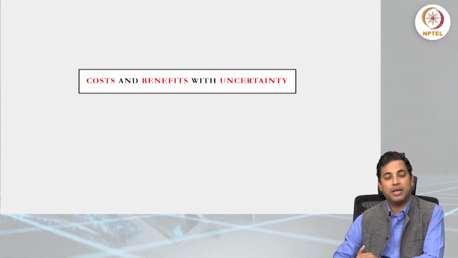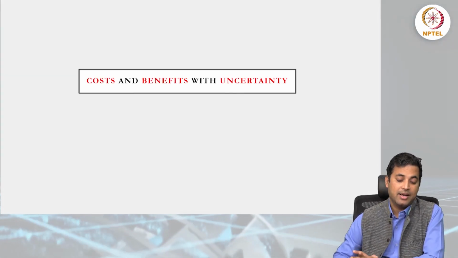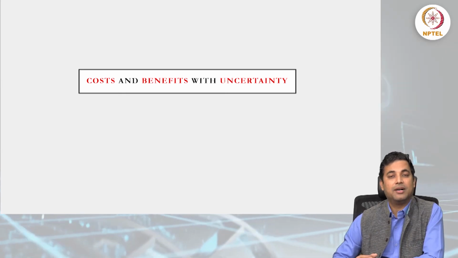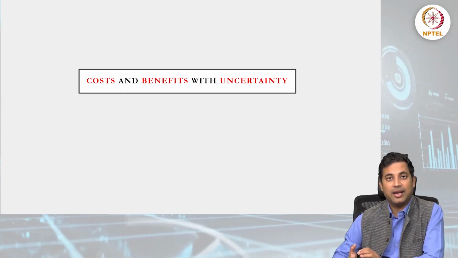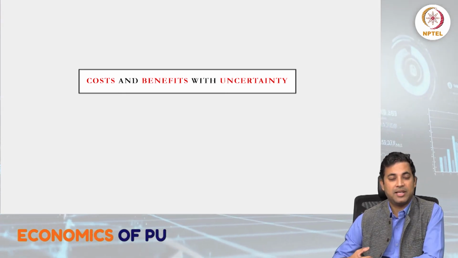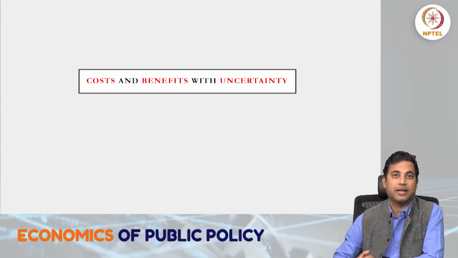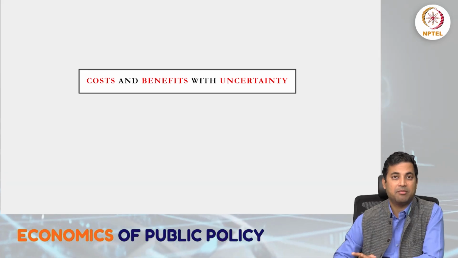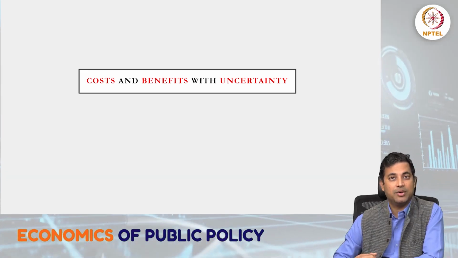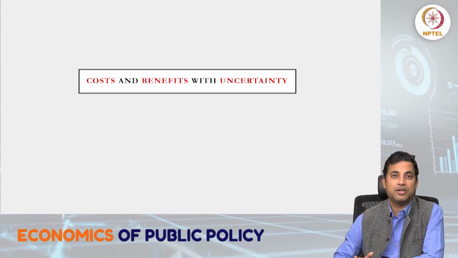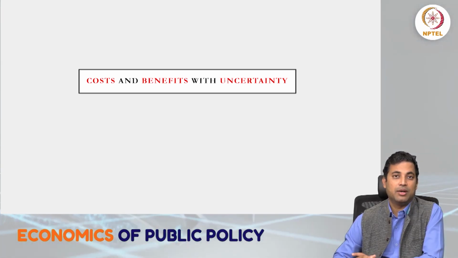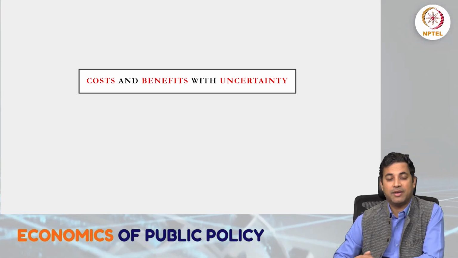So the focus will be to understand costs and benefits with uncertainty, like the expected cost or probability of the cost incurred for certain expenditures. And here the expenditure that we are trying to address is expenditure to control negative or positive externality.